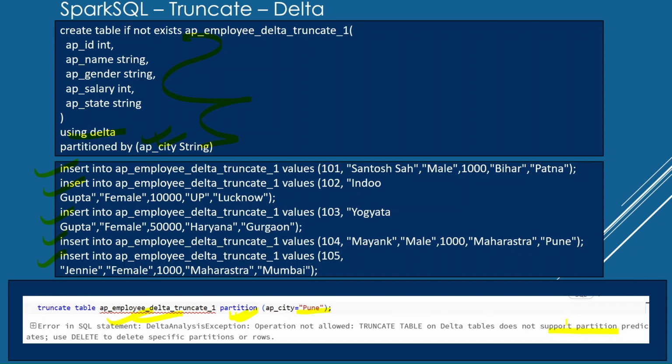If you want to delete data from a particular partition, then we have to use the delete operation. Truncate is not allowed for a single partition in a delta table.